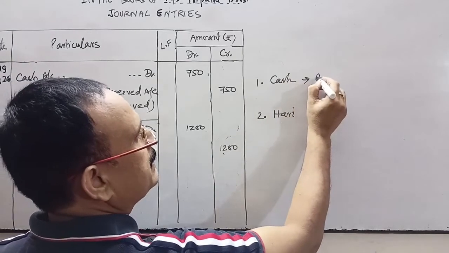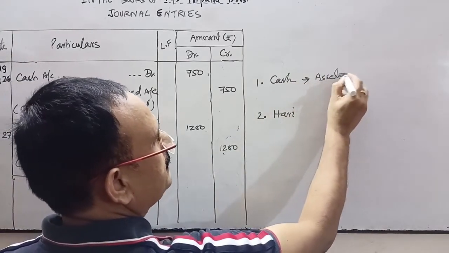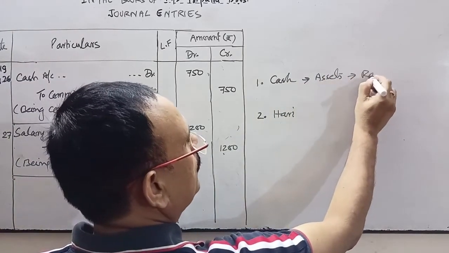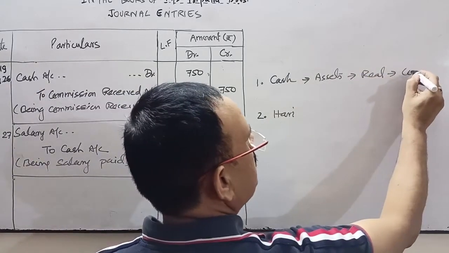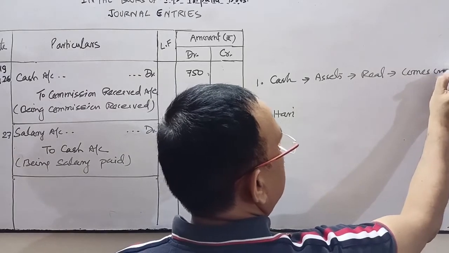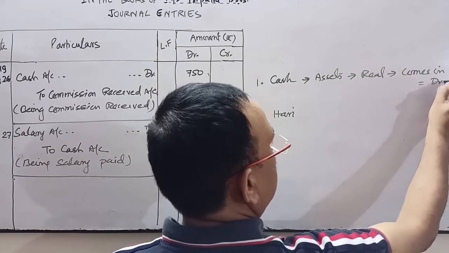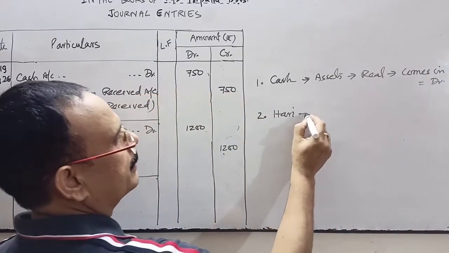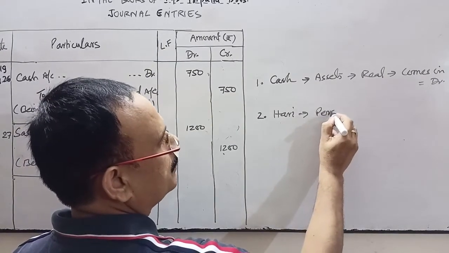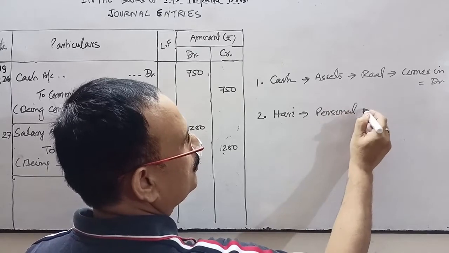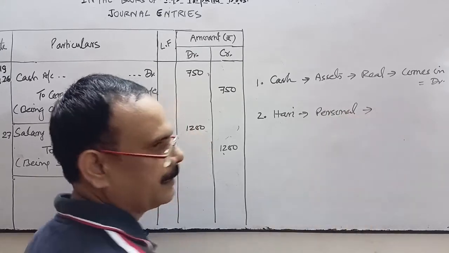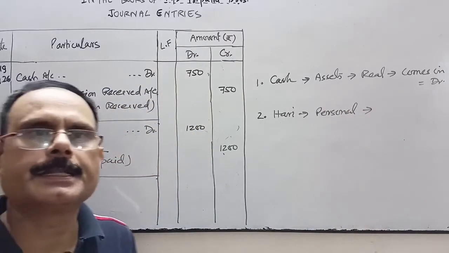Cash is an asset. It comes under real account, and the rule of real account is what? What comes in is what? Debited. Yes. Hari comes under which account? Personal account, and the rule of personal account: debit the receiver and credit the giver.